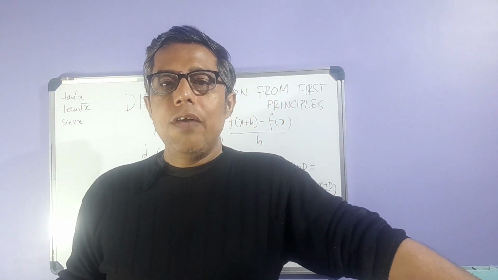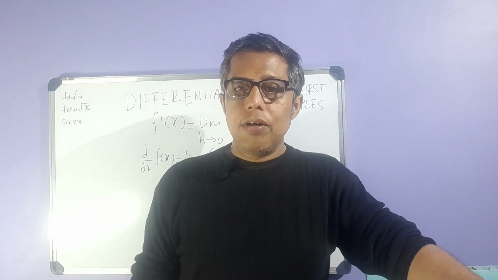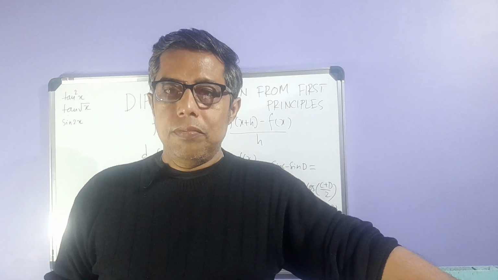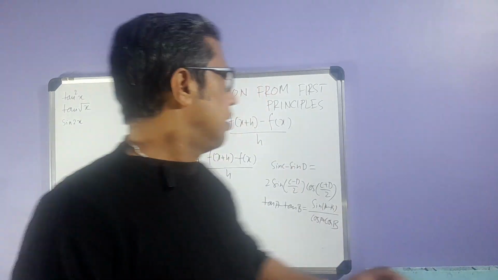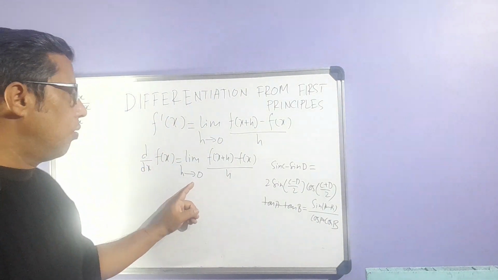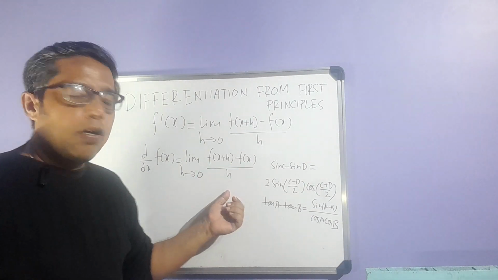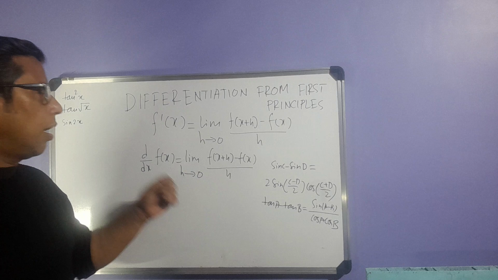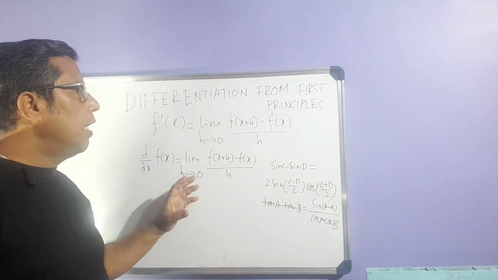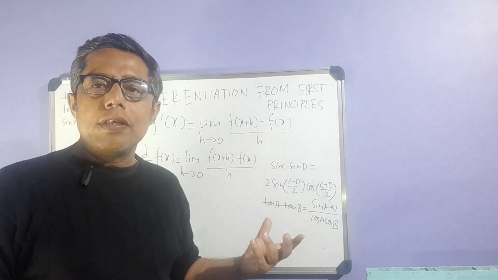So there is a trick: if you forget the formula of, let's say, d/dx of sin x, or d/dx of cos x, then for each and every formula there is a theorem, and that theorem is built on this: d/dx of f(x) is equal to the limit h tends to 0 of [f(x+h) minus f(x)] by h. So this is the standard formula for taking the derivative of any function through the first principle.